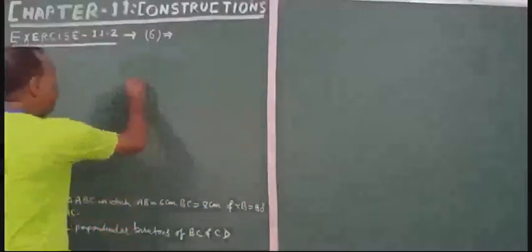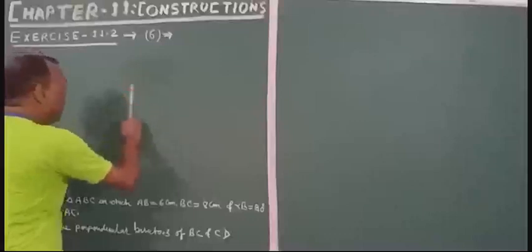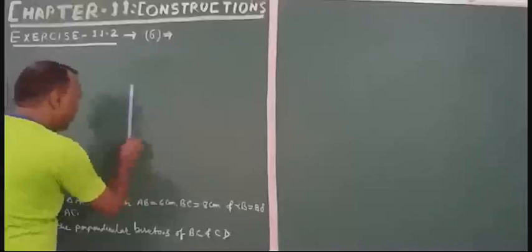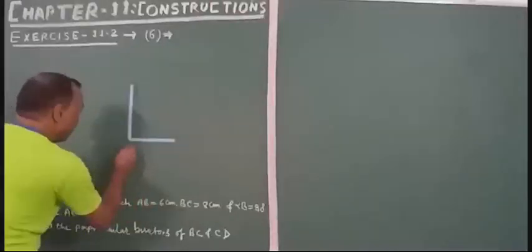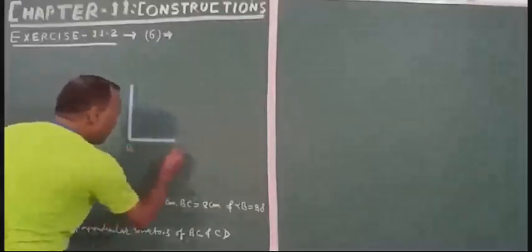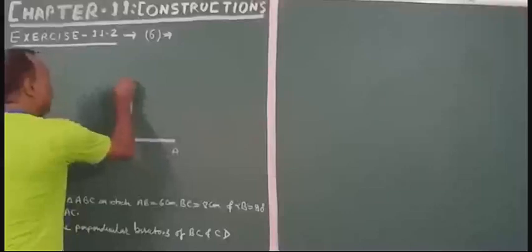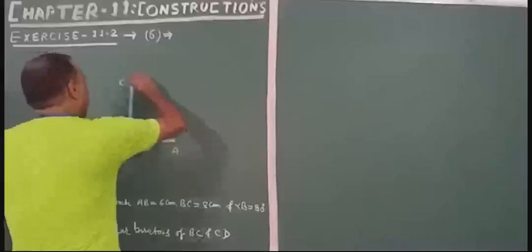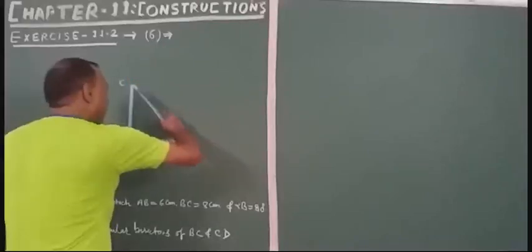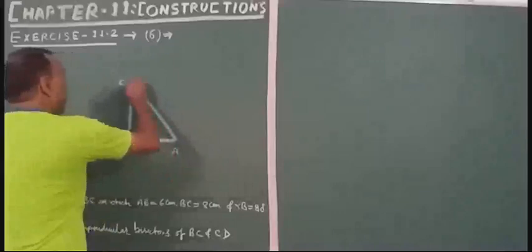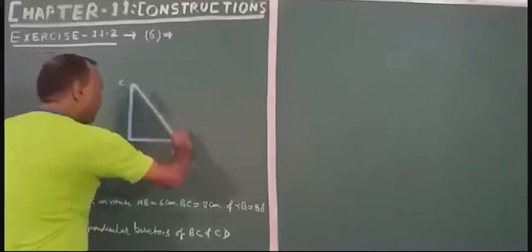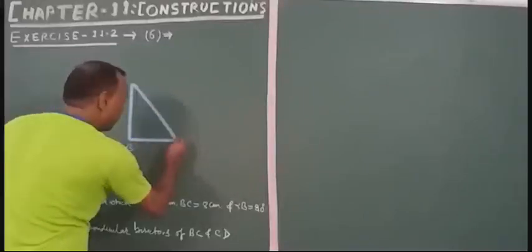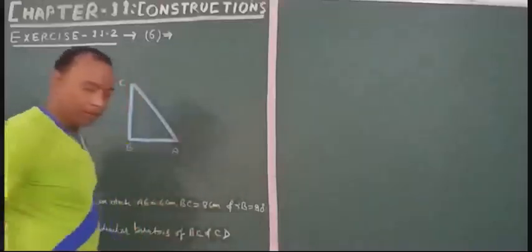Suppose this is the triangle ABC. Next, BD is perpendicular from B on AC.